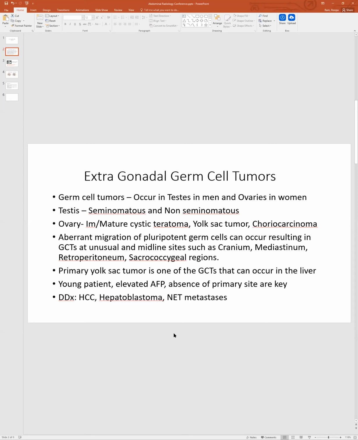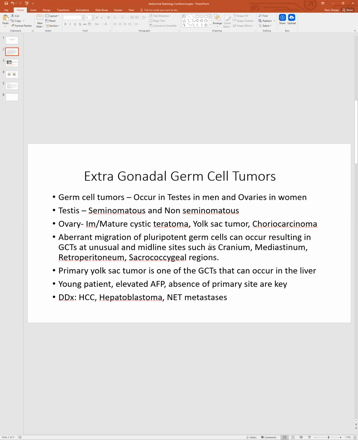Okay, so these fall in the spectrum of what we call extragonadal germ cell tumors. The usual germ cell tumors we're used to are the GCTs we see in testicles in men and ovaries in women. In the testes, they further subclassify these based on whether they are seminomatous or non-seminomatous, and the seminomatous ones obviously respond to radiation. And in the ovary, they can be immature or mature cystic teratomas, rarely yolk sacs and choriocarcinomas.